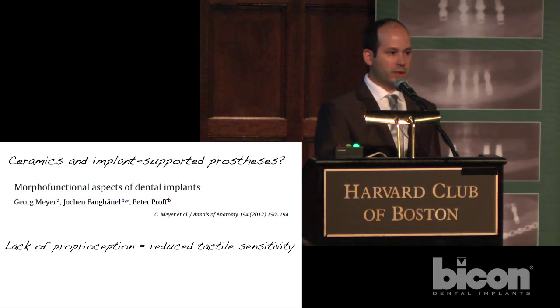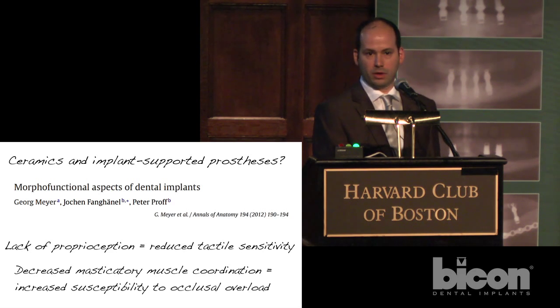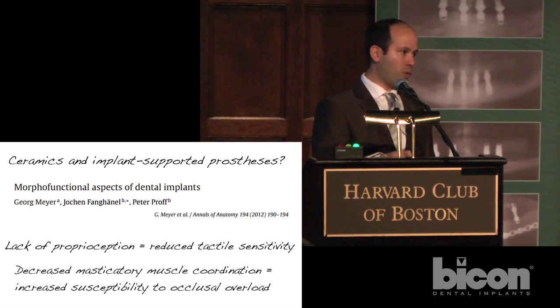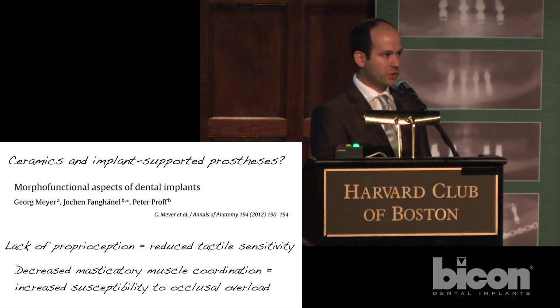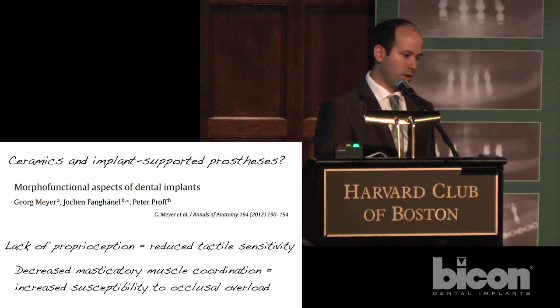That ultimately results in decreased masticatory muscle coordination and therefore an increase in susceptibility to occlusal overload. So that is why some patients wearing an implant-supported prosthesis may be more prone to producing failures on their own restorations than patients wearing a conventional tooth-supported prosthesis.